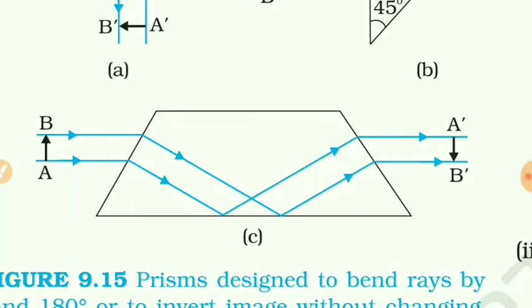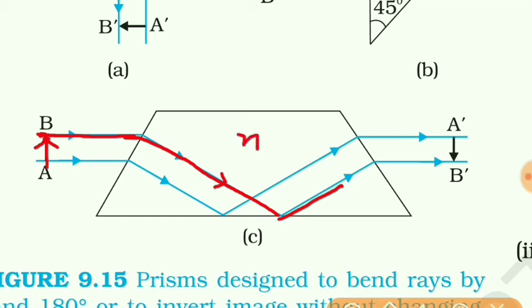Now in this prism you can see the object is shown here. From this point A, a ray is incident at this point, it gets refracted, and then when it strikes here, it gets total internal reflection, because this medium is glass.